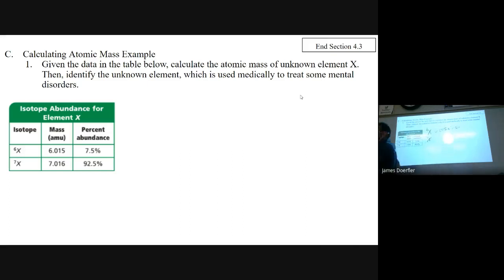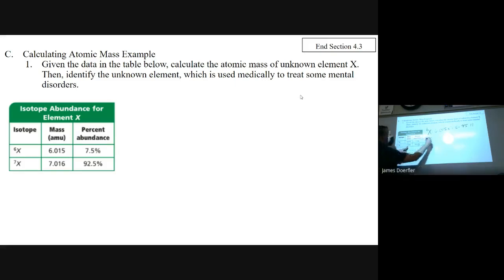Give me the answer with two decimal spaces. 45.11. Okay, so that's the first one.